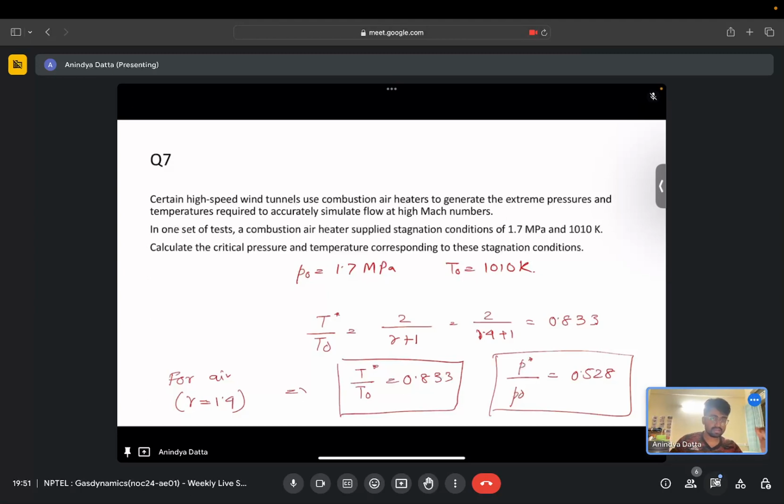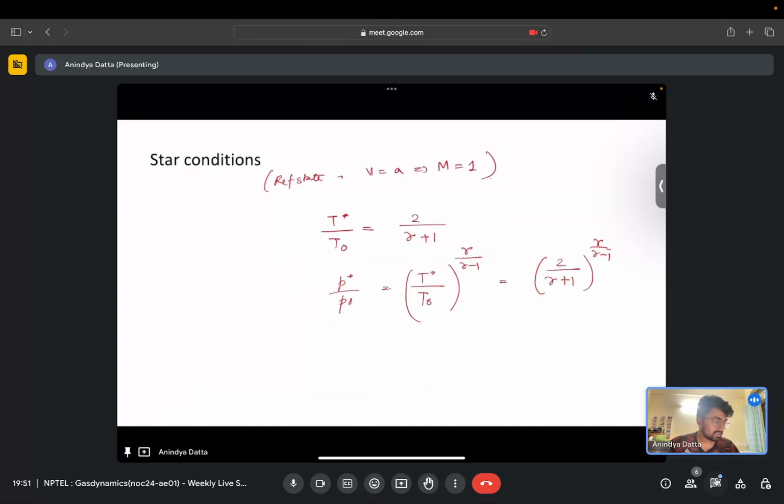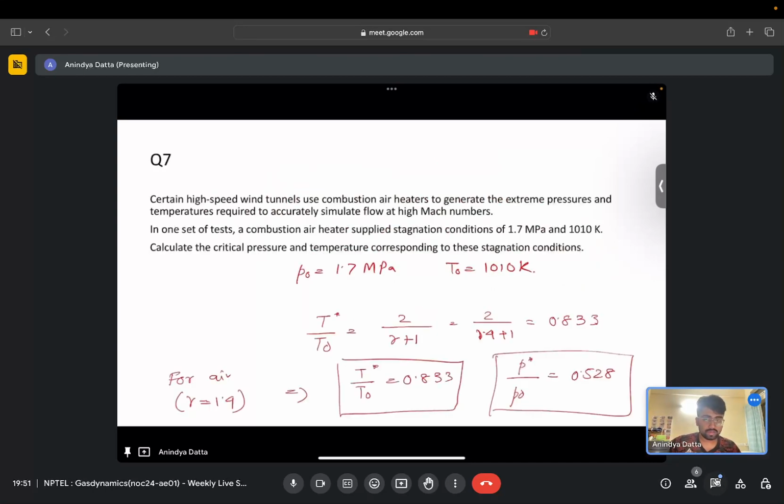So this ratio between the critical properties and the corresponding stagnation properties is constant, because it is just a function of gamma. For air we know gamma is 1.4, so we have these values.